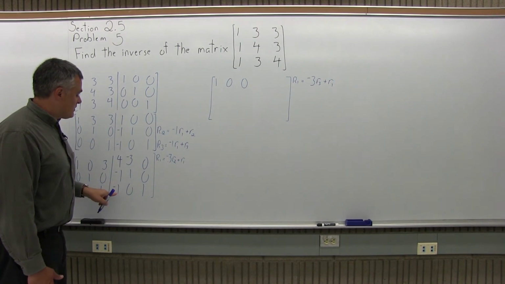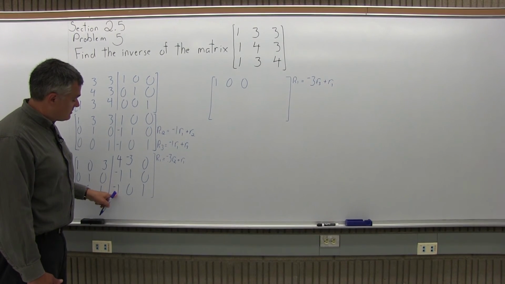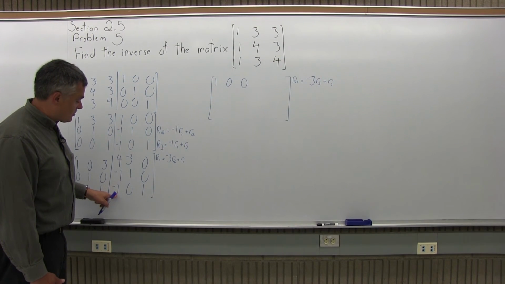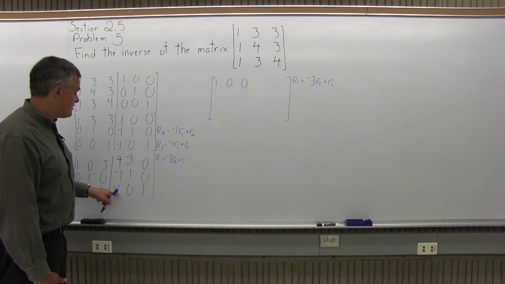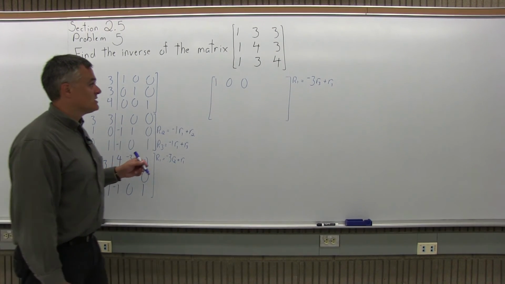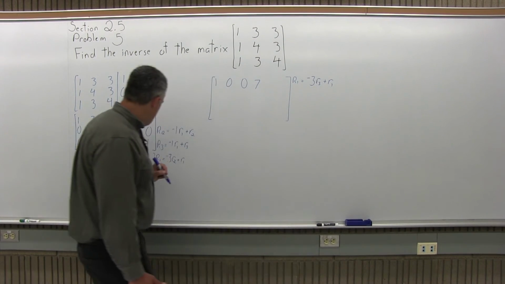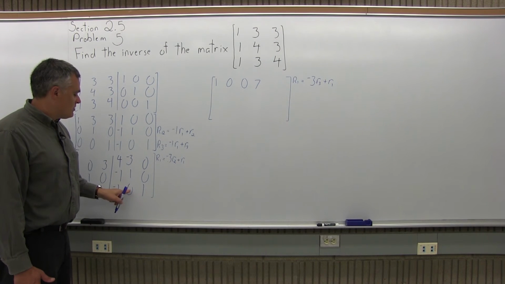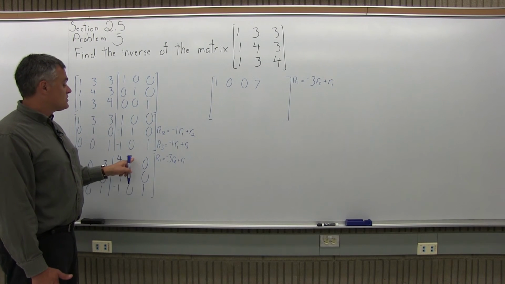And then the next one over, negative 3 times row 3 is negative 3 times negative 1, which is positive 3. And then positive 3 plus row 1, so I'm going to do positive 3 plus positive 4 is 7. And then after that, negative 3 times row 3 is negative 3 times 0. So that's 0. Plus row 1.